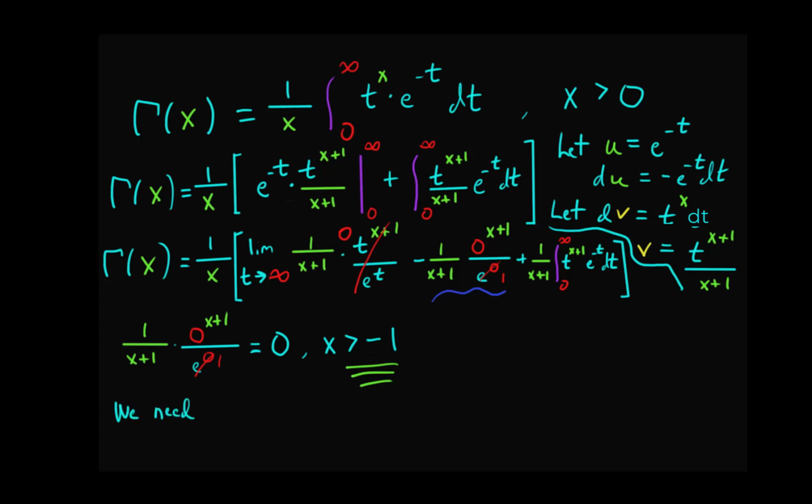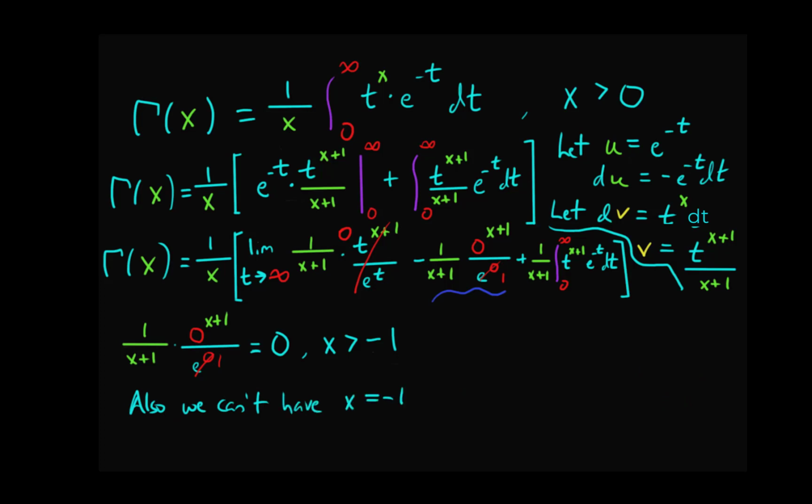So I don't want to belabor this, but I do want to make it explicitly clear. We need x plus 1, that exponent, to be greater than 0 so that that term in the numerator, 0 to the x plus 1, equals 0, and not 1 over 0 to the negative (x plus 1), because that just again equals 1 over 0, which diverges and makes the entire expression diverge.